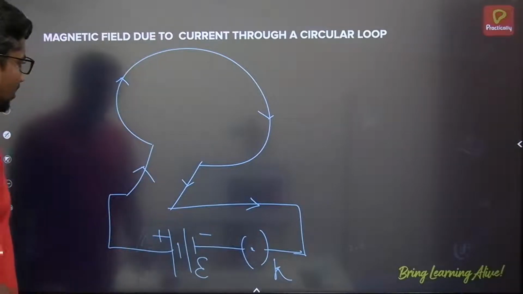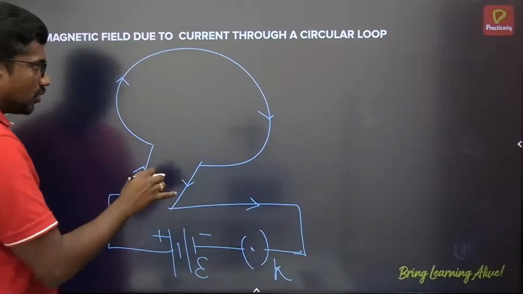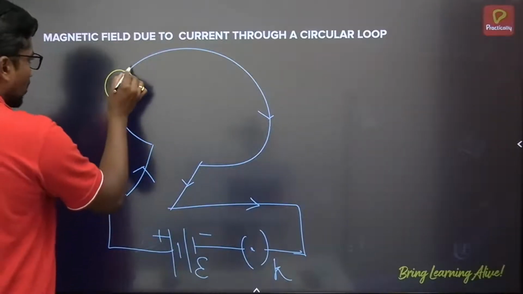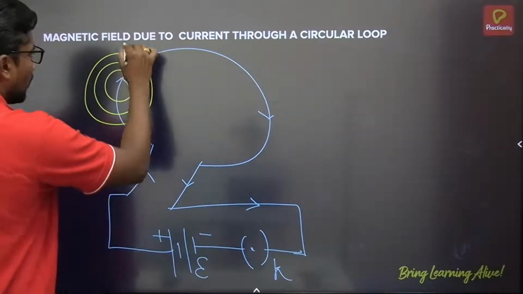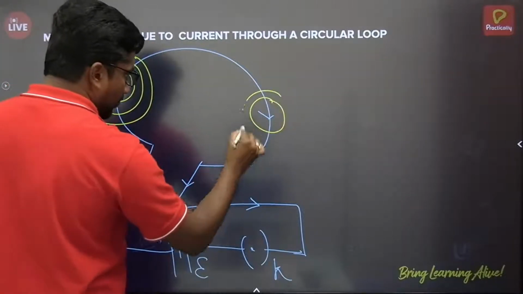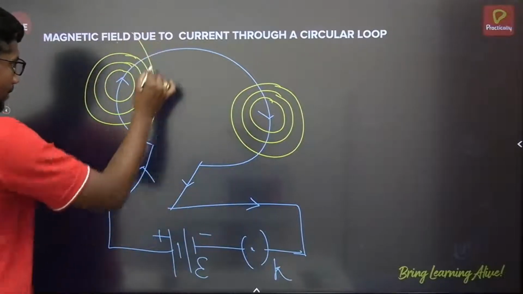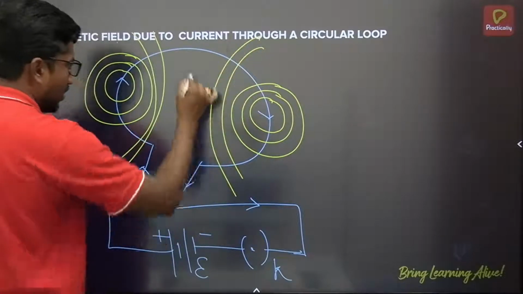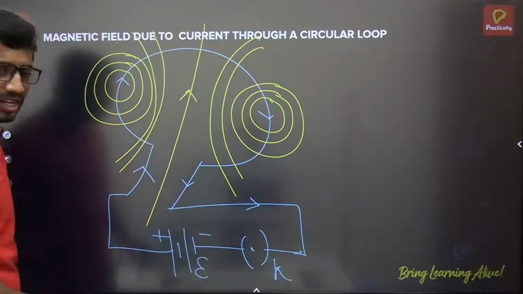So here children, when current is flowing through the circular loop, magnetic field is developed, and that will be in the form of concentric circles near the wire, just like this. And they will become curved when they are moving away from the wire, and they will become straight in the middle of the circular coil.